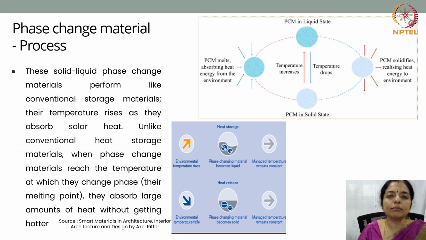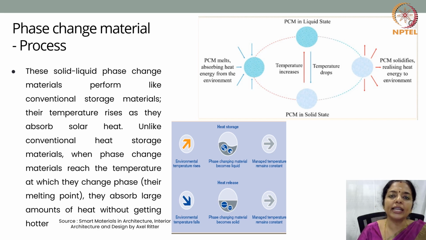So PCMs absorb and emit heat while maintaining a nearly constant temperature. Within the human comfort and electronic equipment tolerance range of 20 degrees to 30 degrees centigrade, latent thermal storage materials become very effective.